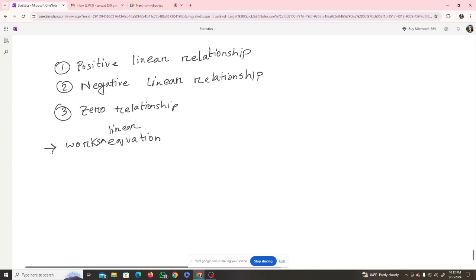And to indicate the strength, it takes a value between -1 to +1.